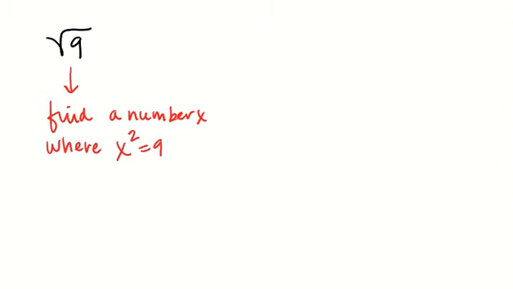Okay, so a number x where x squared equals 9, well, that's 3. Now, when we see the square root already written on the page like it was on your sheet of examples, that means the positive square root. It's not one or the other. It is the positive square root of 9, which is 3. So we're looking for a positive number x where x squared equals 9.